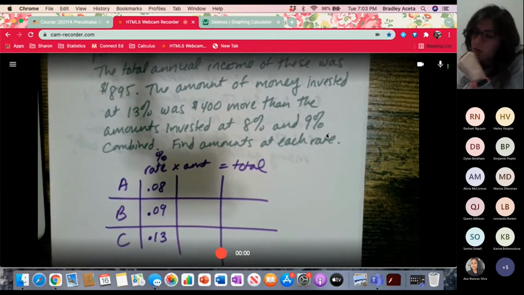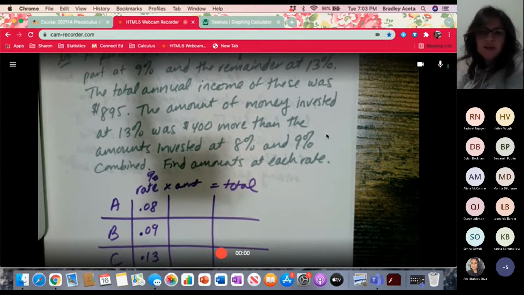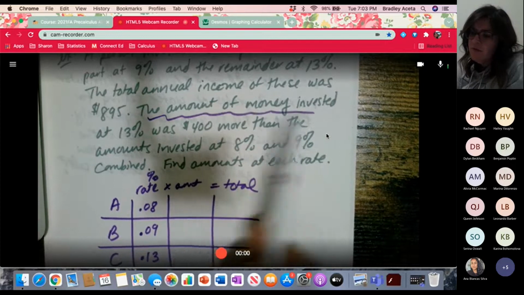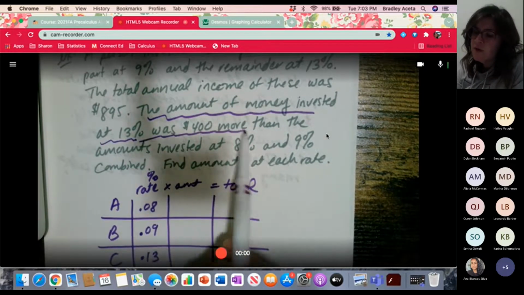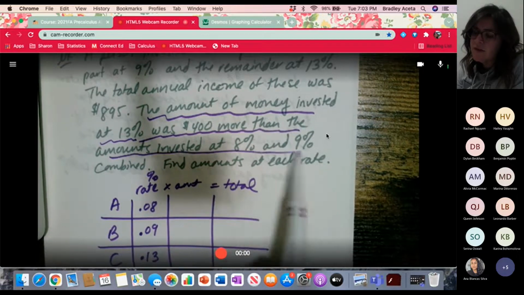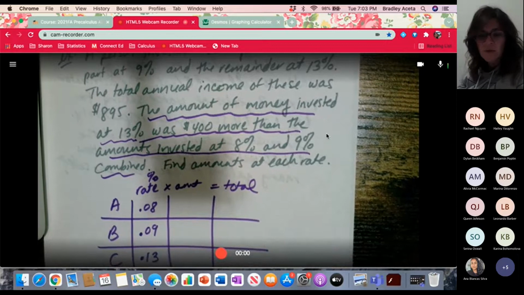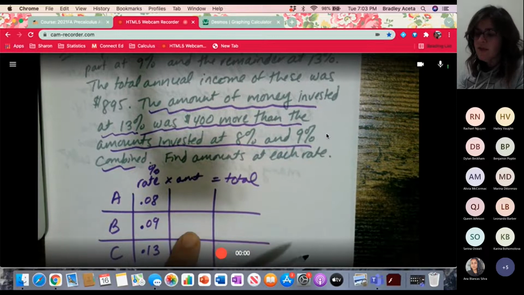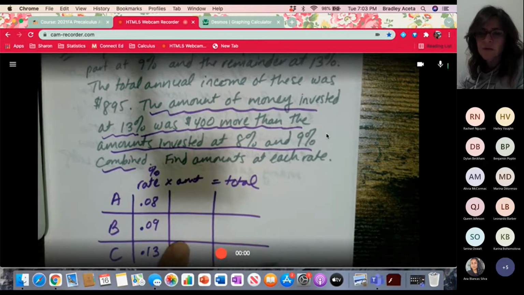And now, we don't know that much about the amount of money we invested, except for this clue right here. The amount of money invested at 13% was $400 more than the amounts invested at 8 and 9% combined. So that's important. I don't know how much was in the 8 and the 9%, but I know that the amount here is 400 more than those.